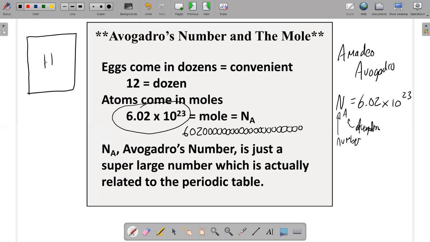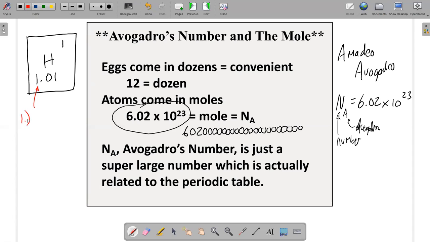For hydrogen on the periodic table, in the upper right-hand corner, there's a 1, that's its atomic number. But you know this 1.01 that we've been using? That 1.01 has two different meanings.